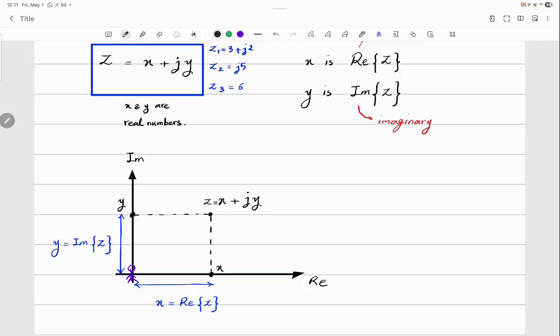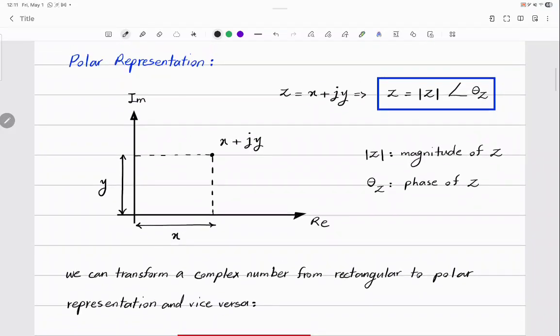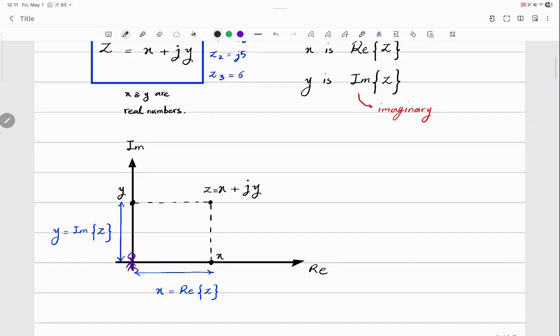What is the other way of directing me to that point? An angle and a distance, or a length, right? No, nothing to do with the slope.